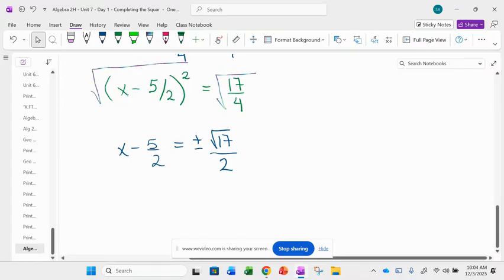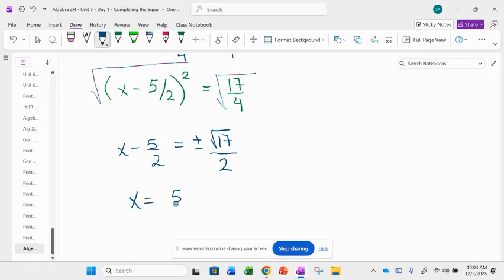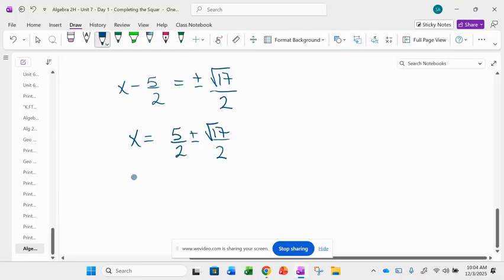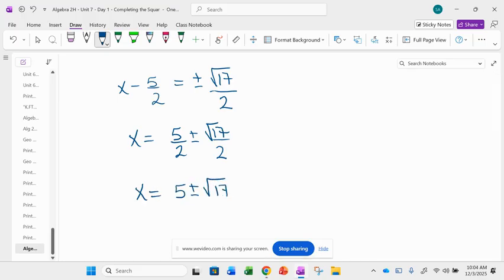Our last step is to add that 5 halves over, so x is equal to 5 over 2 plus or minus root 17 over 2. Luckily for us, we have a common denominator, so I don't have to create one, but I do have to combine them. So it'd be 5 plus or minus the square root of 17 all over 2.